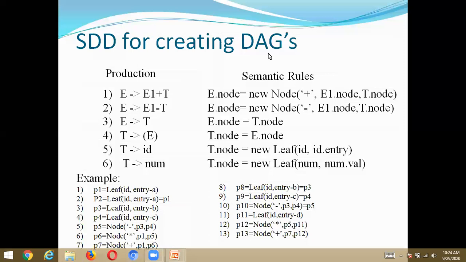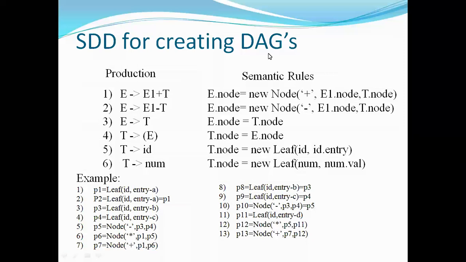No need to worry about the naming. Make node, or new node of plus, where plus is the label, the operator, and then the left pointer and the right pointer. So we write E1 dot node comma T dot node.